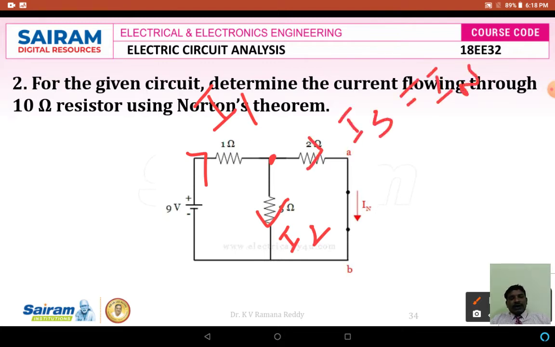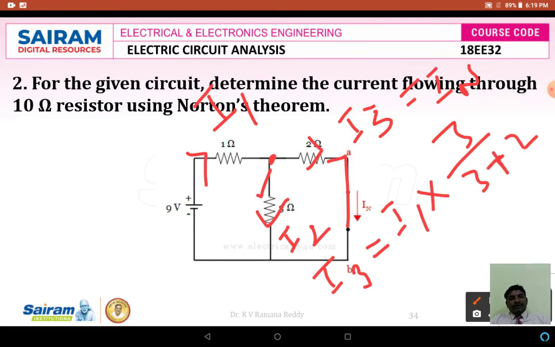Our aim is to find I3. We can find the I3 value by using the current division rule. Therefore I3 is equal to the total current I1 into the opposite branch, which is 3 ohms, divided by the total resistance 3 plus 2.